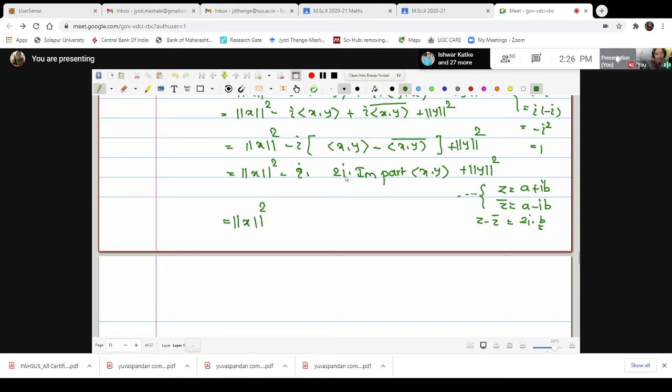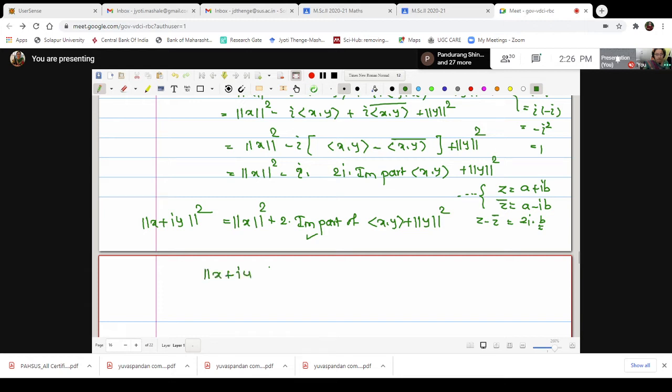I into i is i square, with a negative this is plus 1. Therefore in all we get 2 times imaginary part of inner product xy plus norm square of y. This is the value of norm square of x plus iy. Imaginary part is always a real term. Therefore this quantity in all will give us that norm square of x plus iy is a real term.